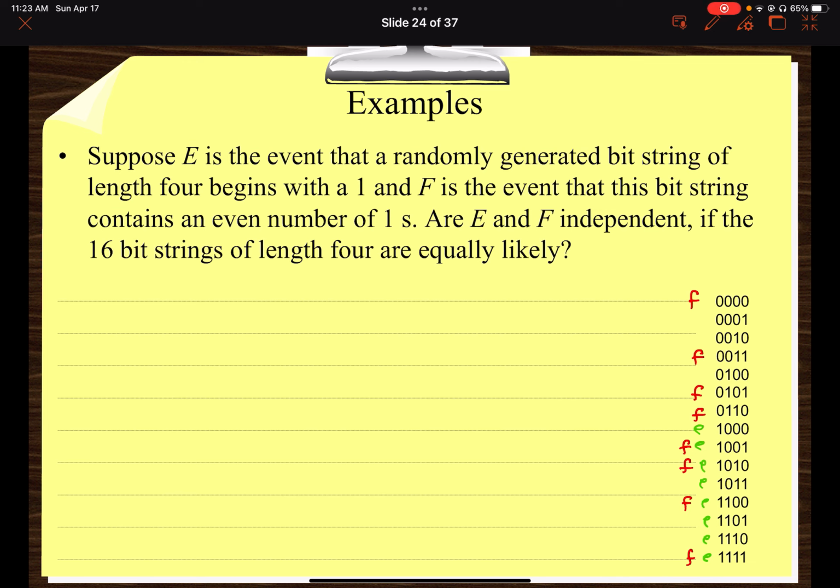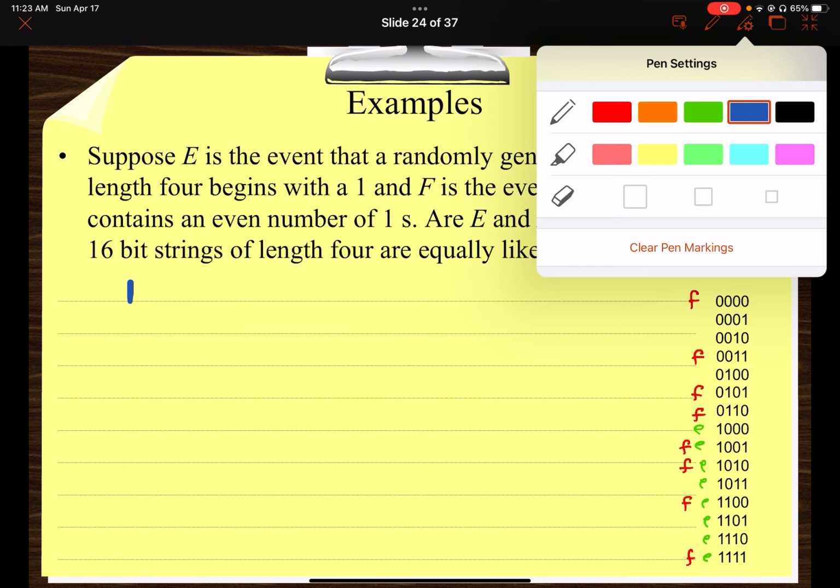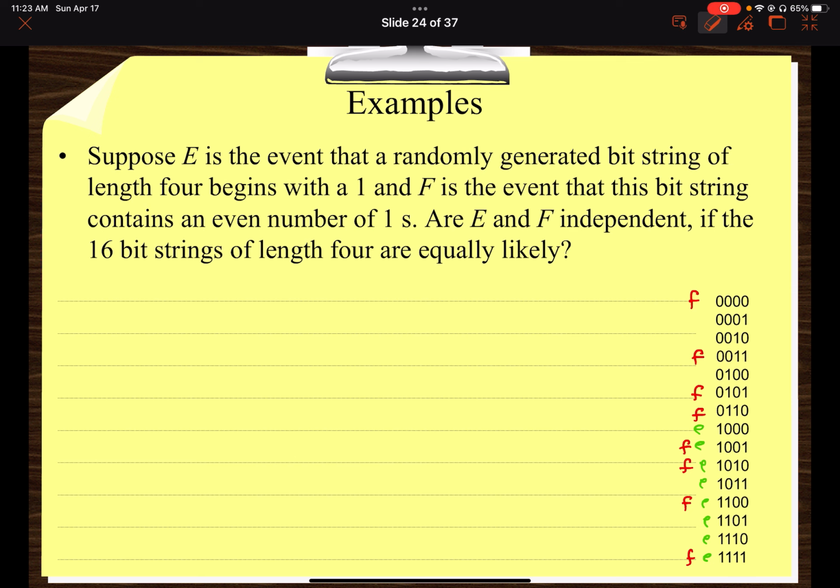Okay. So let's. Oops. Why is the font coming out like this? So the size of my sample space is 16. What is the size of E? 8, right?